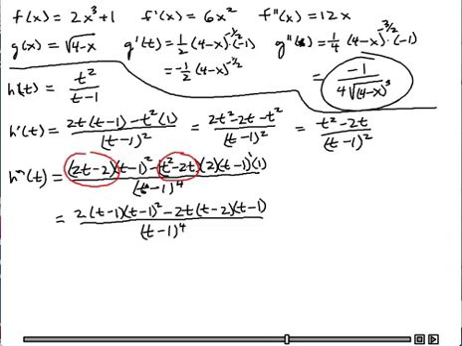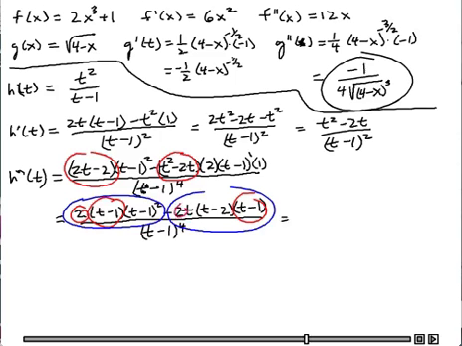Now looking at this, I can pull out a (t minus 1) common factor. I really have two terms here. I have this term subtract this term. So I'm going to pull out a (t minus 1) and a 2. I also have a common factor of 2 with these terms.